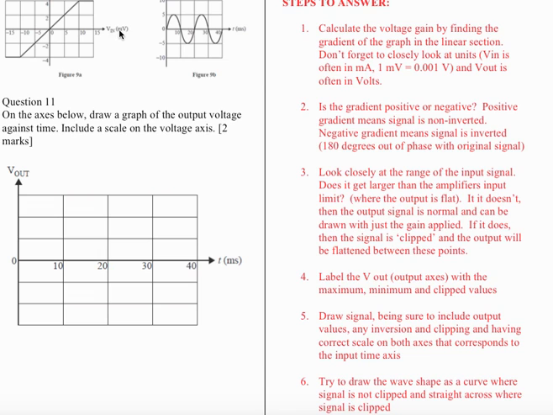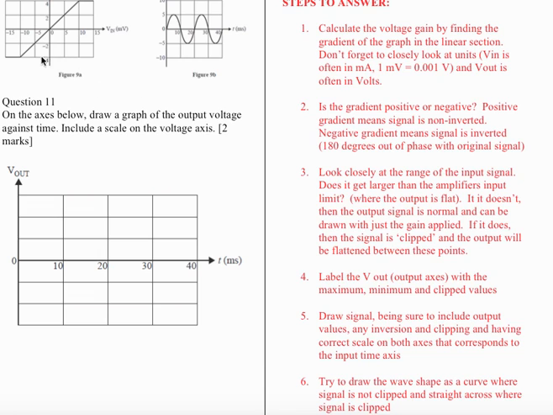The voltage in is quite often in millivolts, which is 1,000th of a volt, so you need to convert that to volts. And the output is normally in volts. Okay, so you'll typically get a voltage gain that's reasonably significant. You'll get a ratio figure once you've calculated that gradient, which gives you the gain or amplification of the voltage.